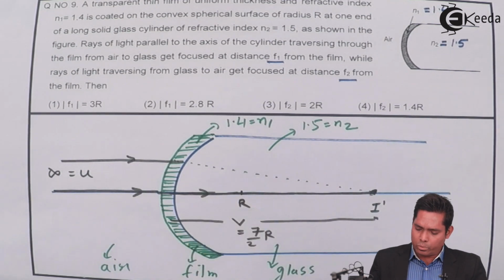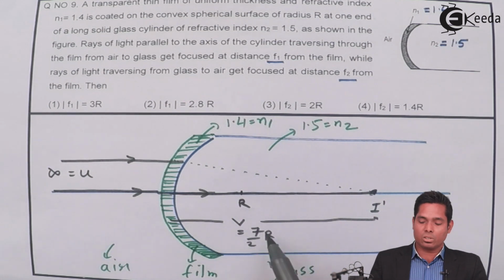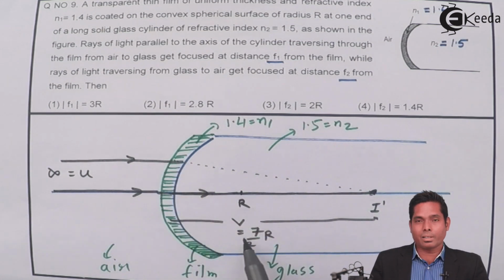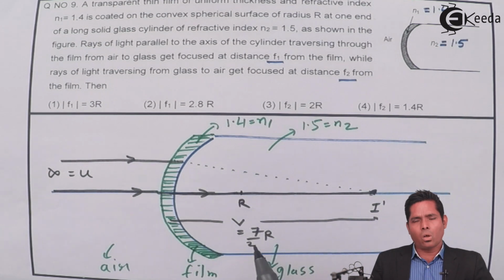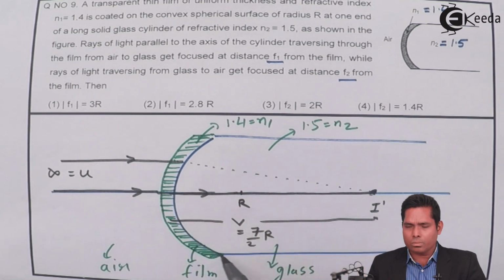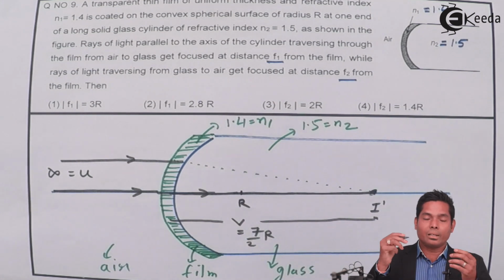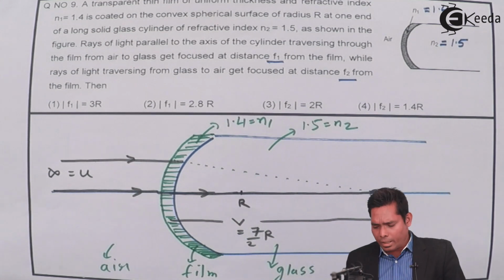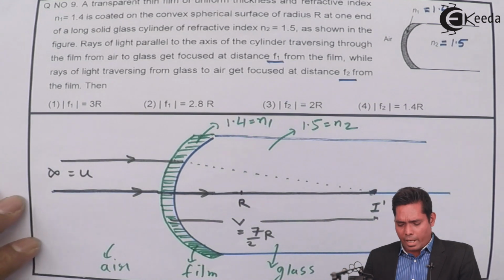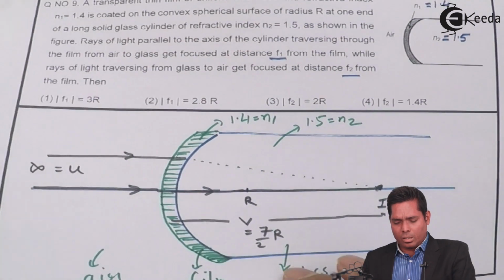So I have to use this distance, which is the image distance of this film, as the object distance for this one. If I consider it as the object distance, then I will have another situation. So I will write that situation now.